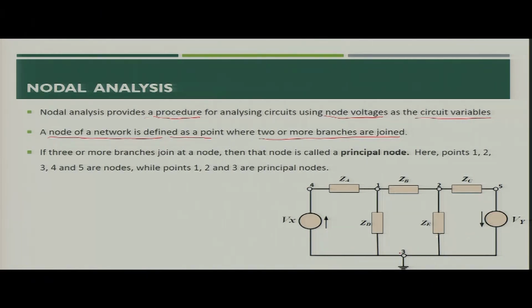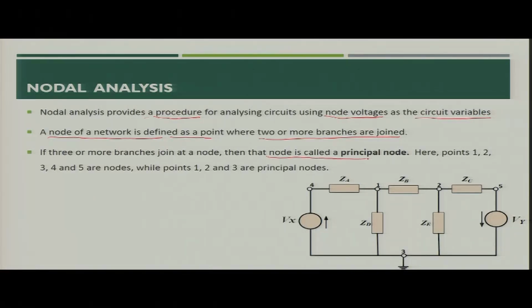Out of all those nodes, one node is considered as a reference node, that is node 3. Now, this node is different from that node in the sense that this node contains at least 3 branches and that node contains only 2 branches. So what will we call this particular node?